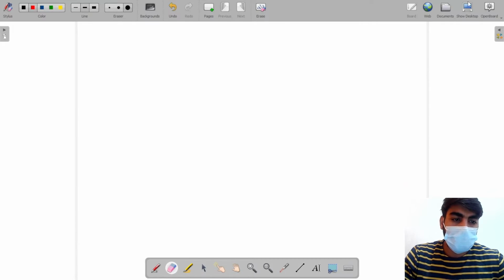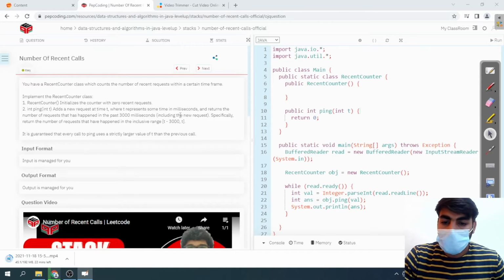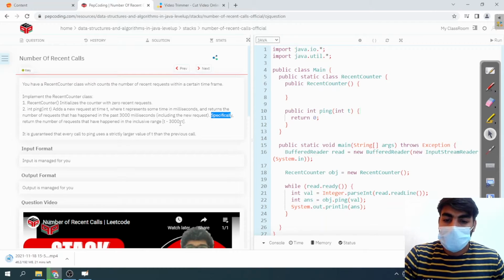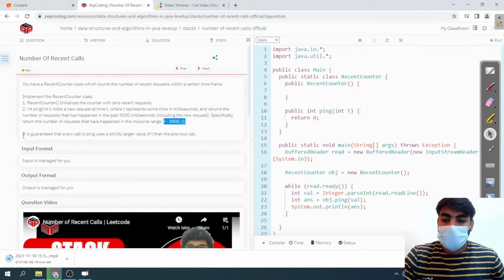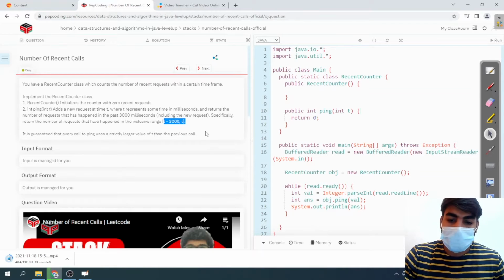The work of this function is that. Okay, now see more specifically: return the number of requests that have happened in the inclusive range of t minus 3000 to t. So that's the same thing I wrote here on the whiteboard. And the last line, they are saying it is guaranteed that every call to ping uses a strictly larger value of t than the previous value.